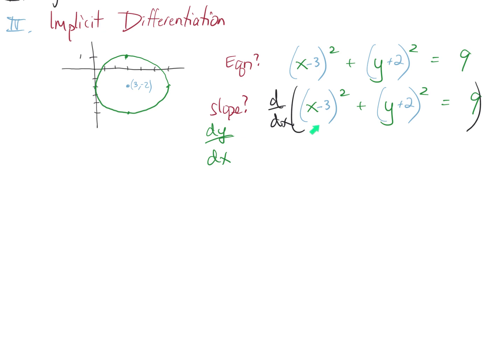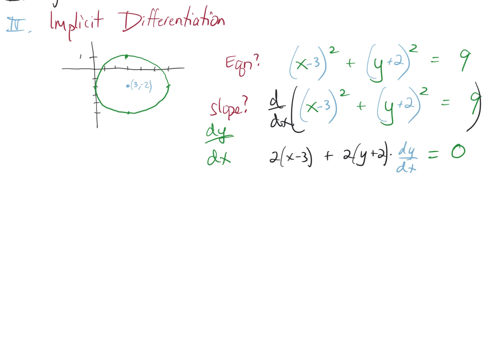So the derivative with respect to x of the left side: 2 times (x minus 3) to the first power, plus 2 times (y plus 2) to the first power, times the derivative of y, and that's using the chain rule. And then the derivative with respect to x of 9 is 0.